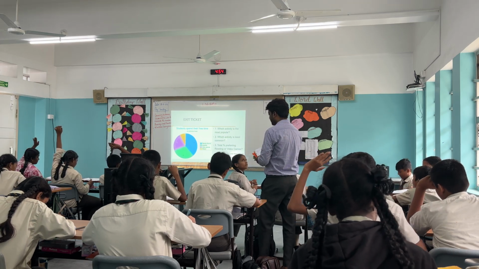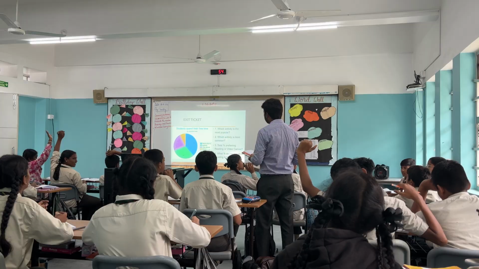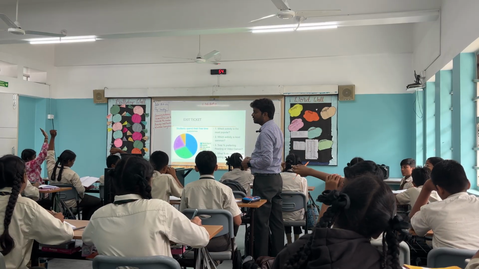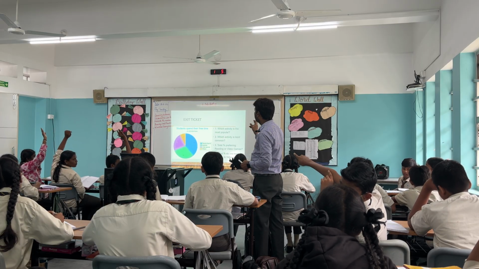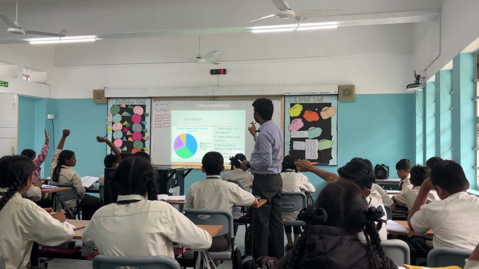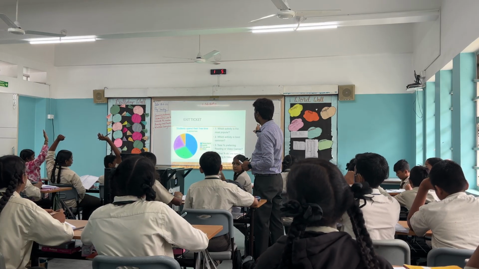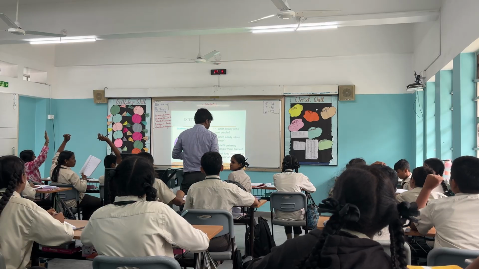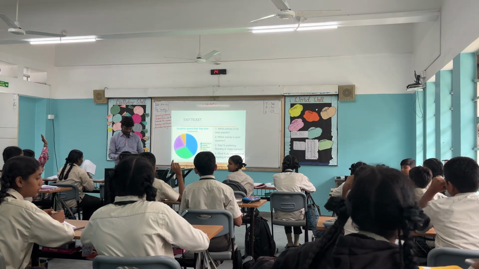Sir, the fourth one we should answer on our own. No, you can take from that. In the third question, you have to find the difference between reading and video games. Fourth, what percentage do you spend on reading and video games? Add both.